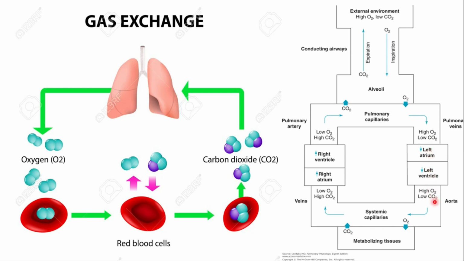After passing through the left atrium and the left ventricle, the oxygen is transported towards the metabolizing tissues or other body tissues where it is needed. Here, as a result of metabolizing activities, carbon dioxide is produced, which is then carried by the blood towards the lungs and exhaled out.